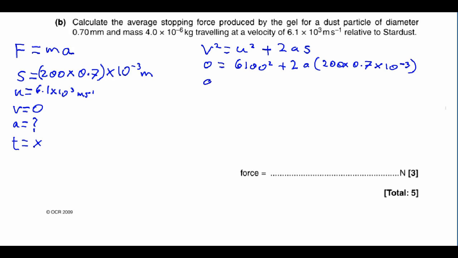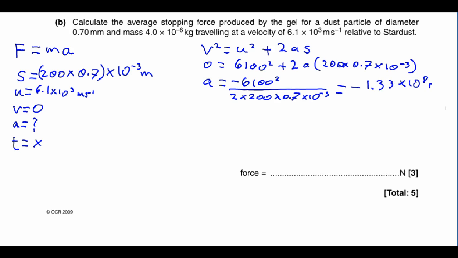Rearranging for a, we have minus 6100 squared divided by 2 times 200 times 0.7 times 10 to the minus 3. And this will give you an acceleration which is minus 1.33 times 10 to the 8 meters per second squared.